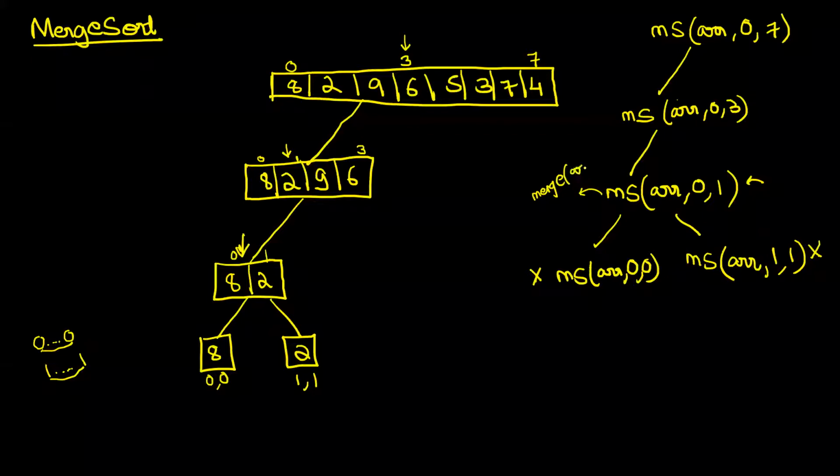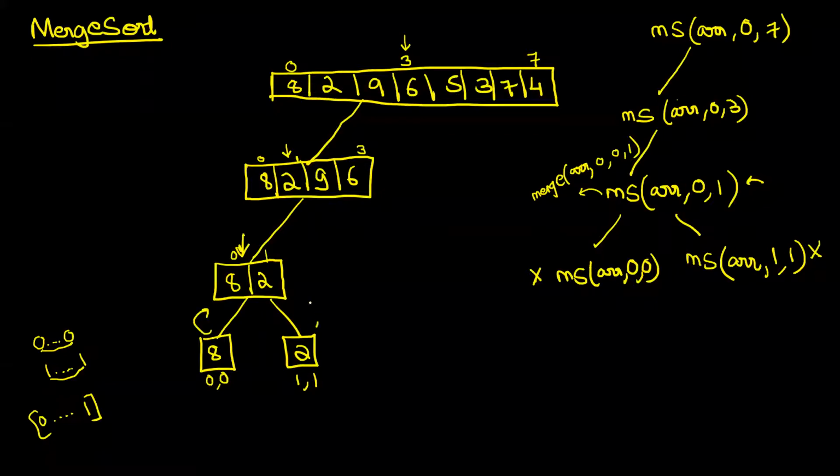And what do I pass? ARR, L, comma, mid, comma, R. What is L? Index 0. What is mid? Index 0. What is R? Index 1. So when I call merge 0, 0, 1, from index number 0 till index number 1 of the array will be sorted. When this merge method runs successfully, from index 0 till index 1 of the array will become sorted.